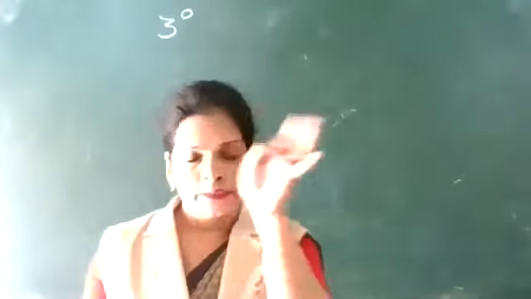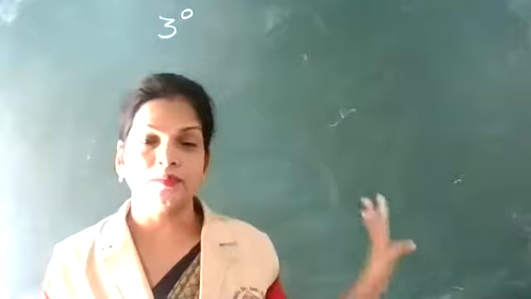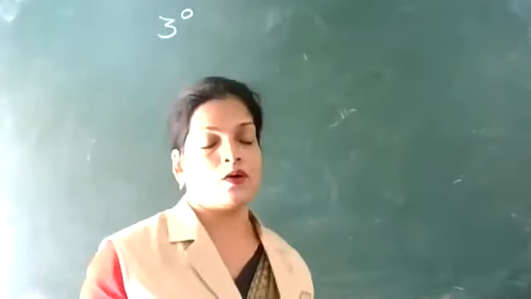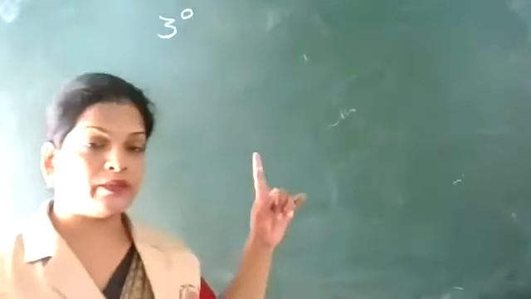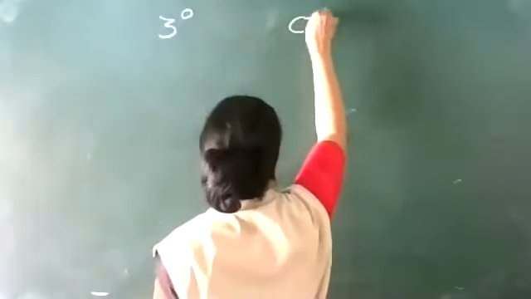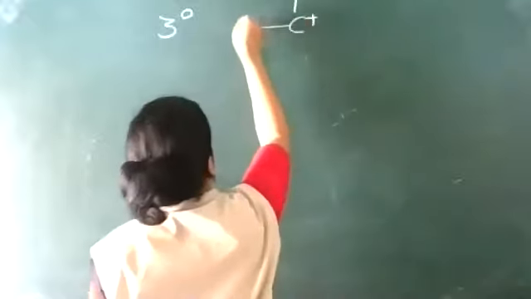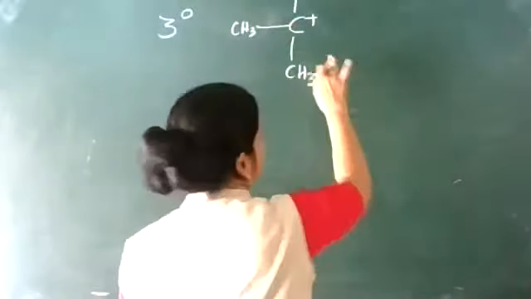We know that 3-degree carbocations are more stable due to the inductive effect. A 3-degree carbocation is the most stable carbocation due to the inductive effect of three CH3 groups. We call this carbocation the tert-butyl carbocation.